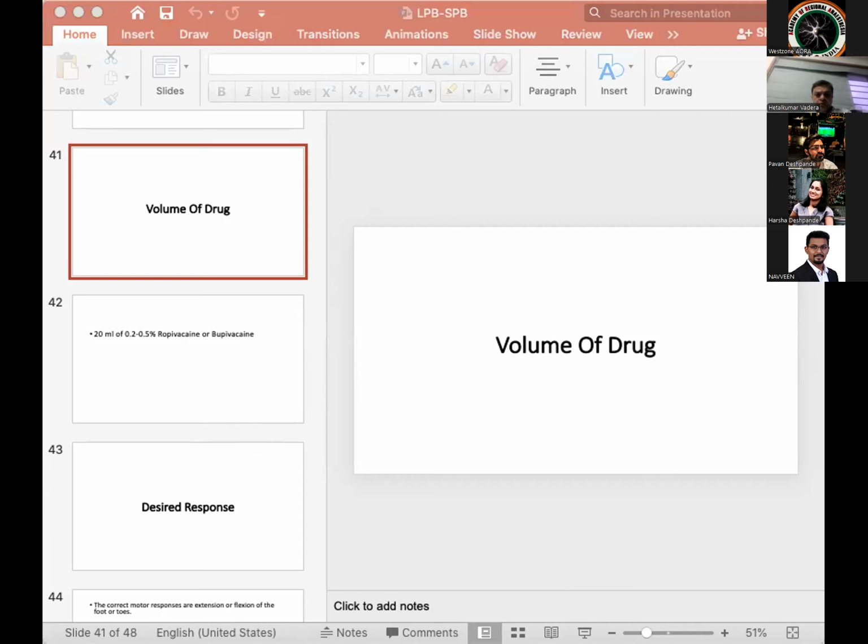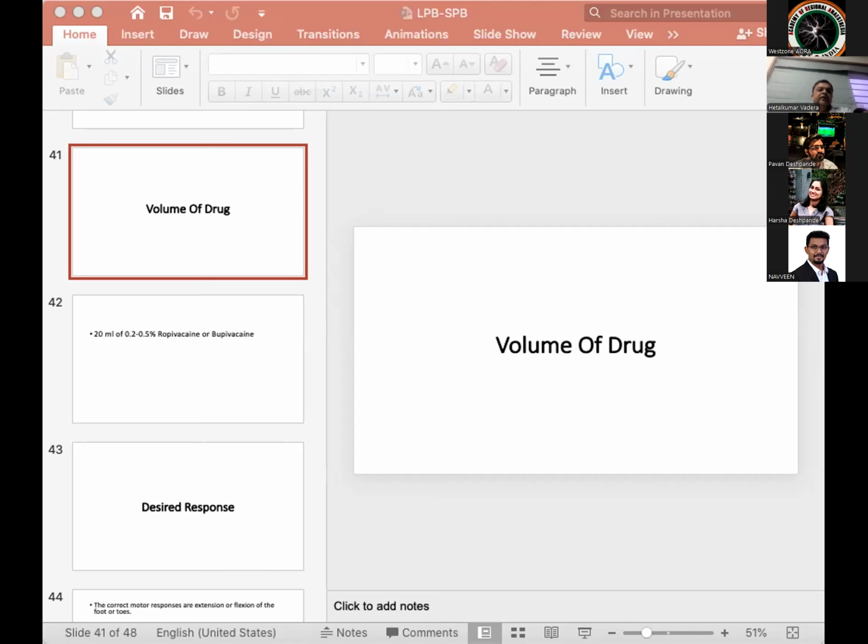When Pawan was talking about anatomy, this is a very important slide for anatomy. I'll show it again. When we talk about the lumbar plexus, basically it is formed by L1, L2, L3, and L4. When we look at the branches of L1, you can see this is the iliohypogastric nerve and ilioinguinal nerve.